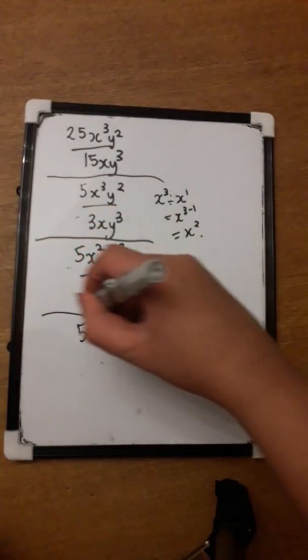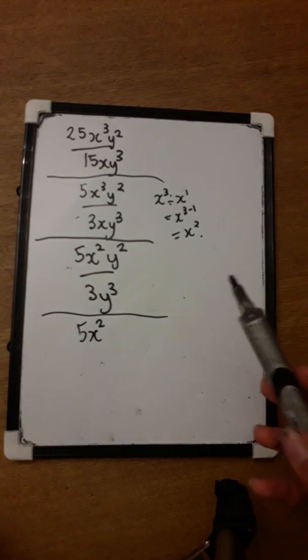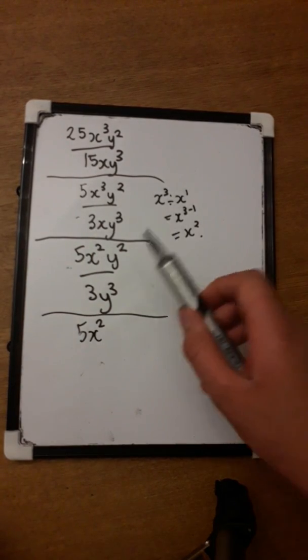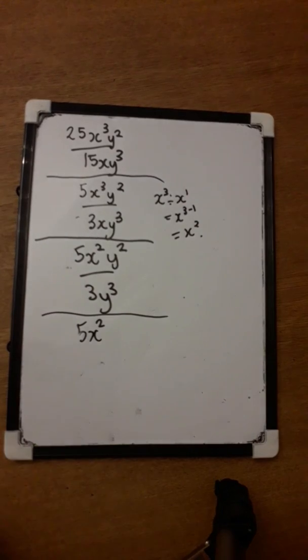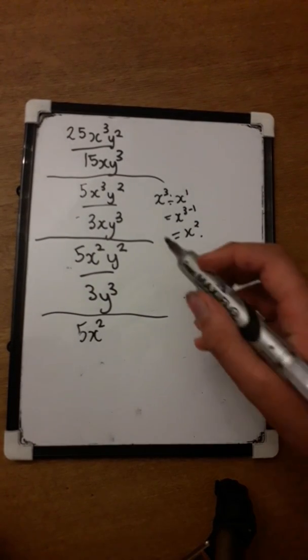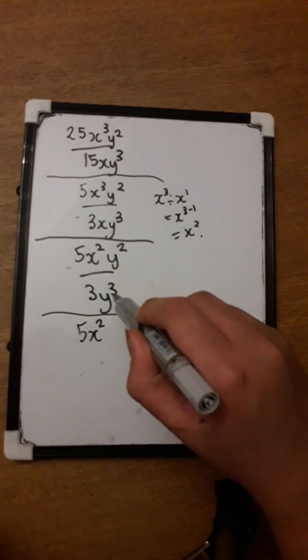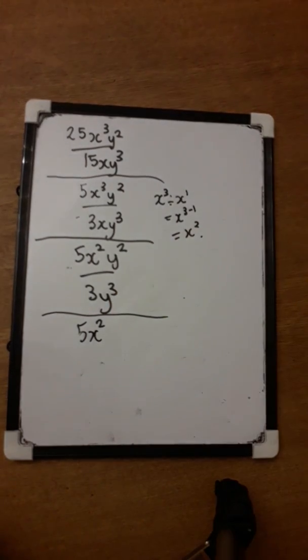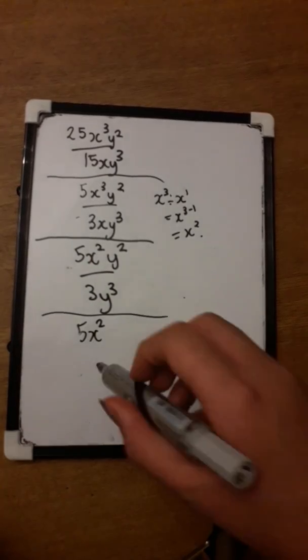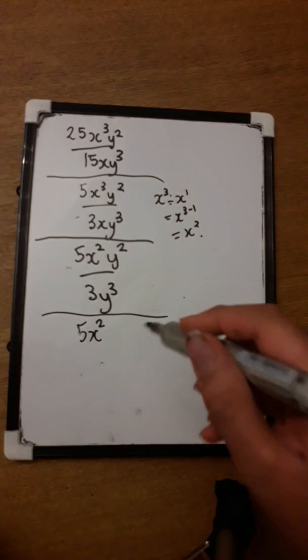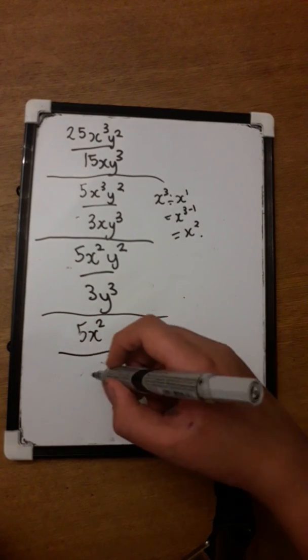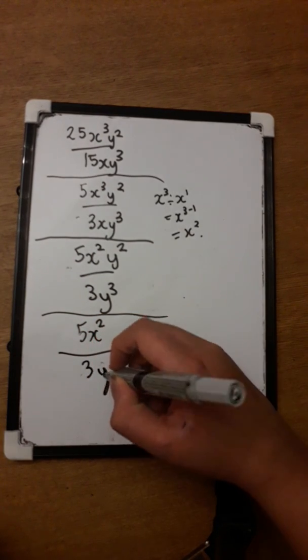Now what you do is you try and get rid of the y squared from above. So you divide the y squared by y cubed and by itself. So y squared divided by y squared is simply just 1. So the numerator is just going to be 5x squared. However, at the bottom it's going to be 3y.